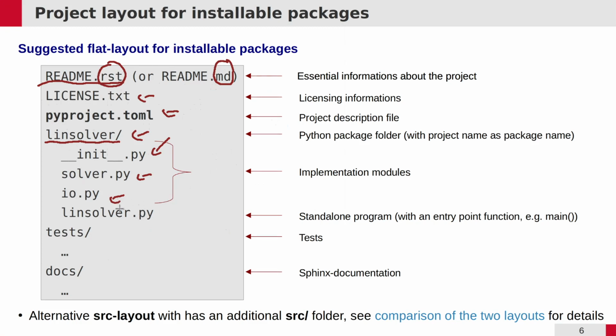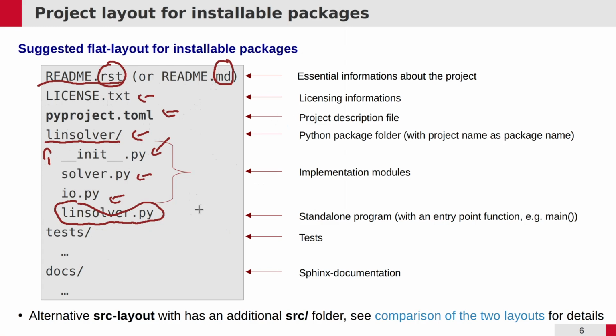And the standalone program which I was executing before is also a Python program with a special function in it. We will have a look at that later as well. And this linsolver.py I'm also putting into the package folder. So this is the standalone program where I created a main function which, if it's called, basically executes the script.